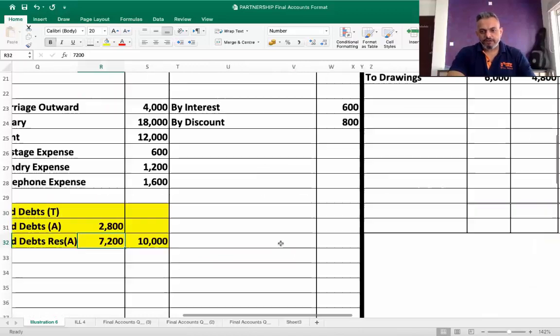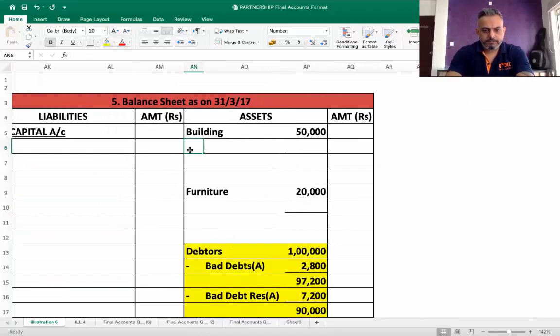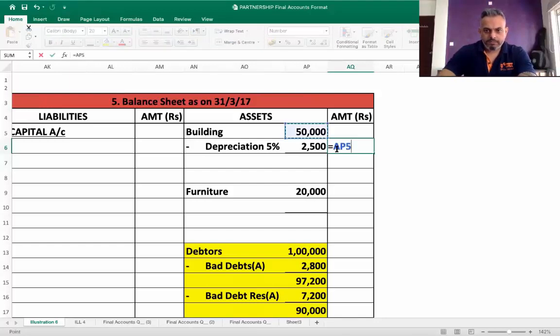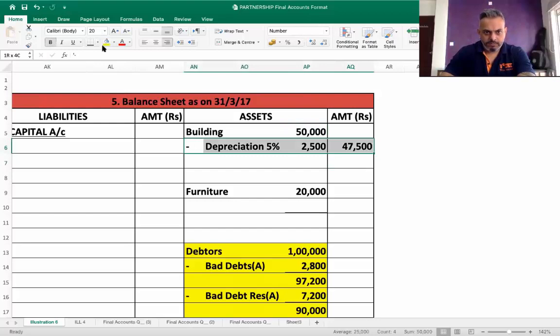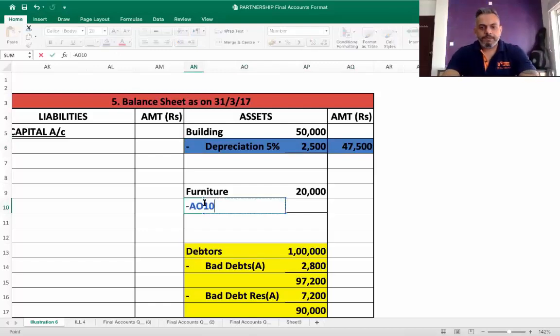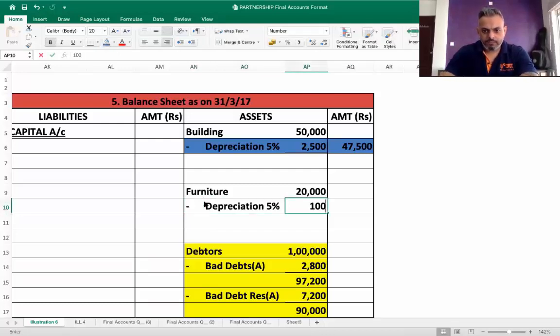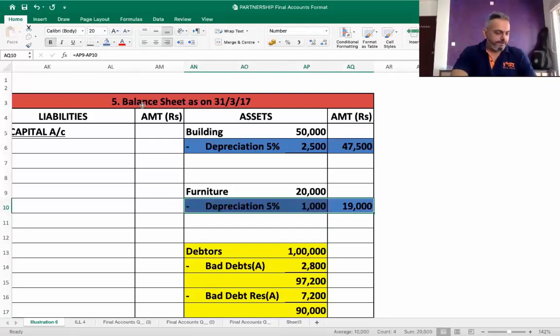Provide 5% depreciation on furniture and building. Minus 1000, 2500 and 1000.